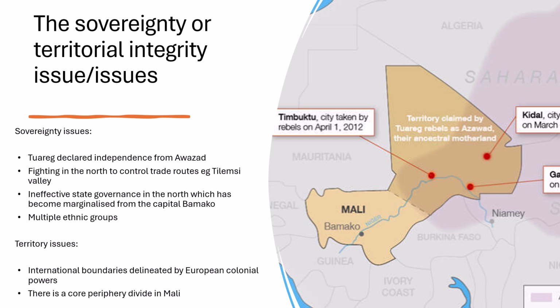They have been delineated or drawn up by European colonial powers, and it doesn't really take into account the history and the geography and the culture of Mali. And we have what we call a core-periphery divide. The core areas to the south have got good infrastructure, good resources, good governance. The peripheral areas to the north do not, so they do suffer from that.